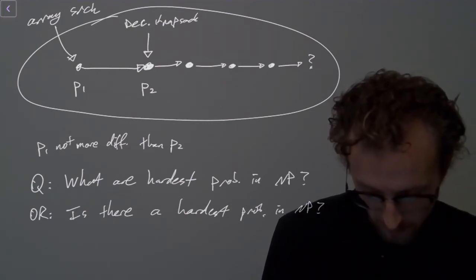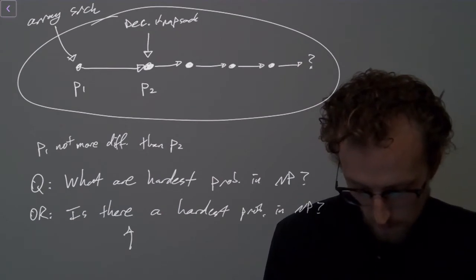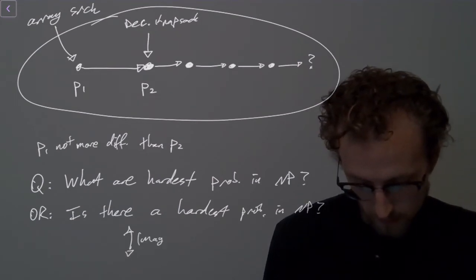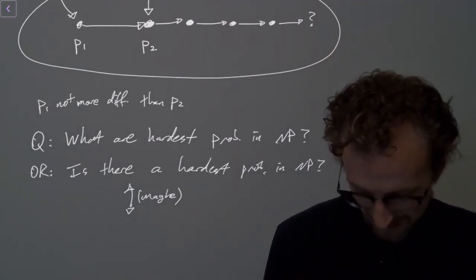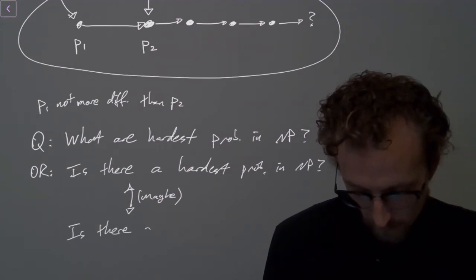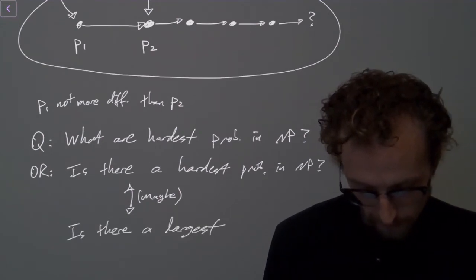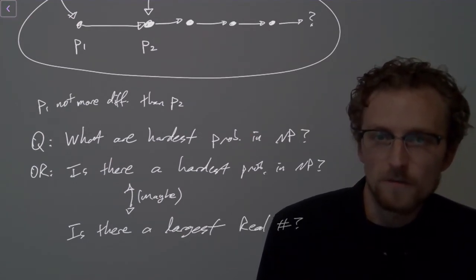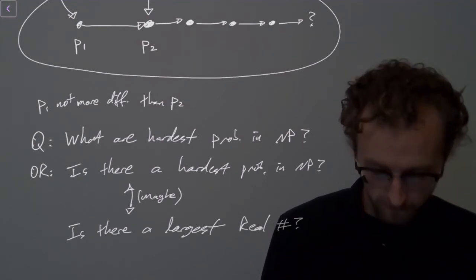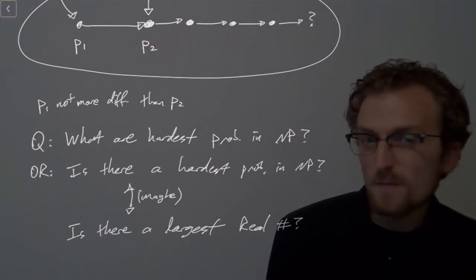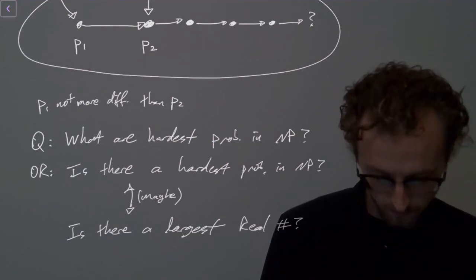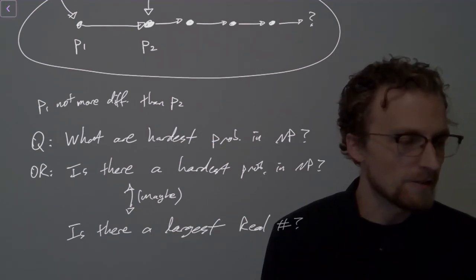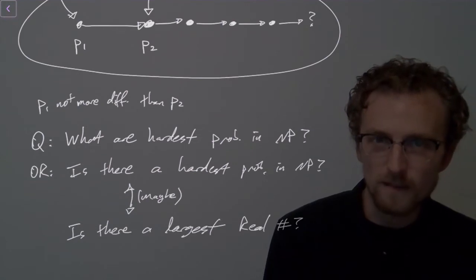So asking, is there a hardest problem in NP, maybe this is like asking, is there a largest real number? There isn't a largest real number. That's one of the main facts that you'll learn in analysis if and when you take analysis. And so it's possible that there is no hardest problem in NP. It's not clear that the answer here is going to be something satisfying.